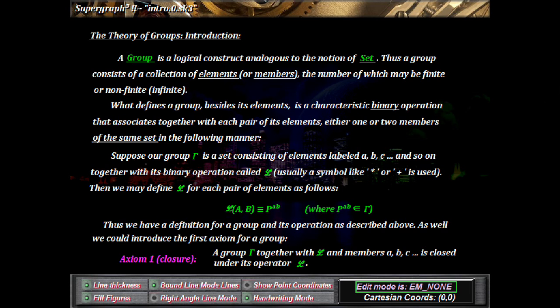That's as vague as your mindset should be. We're not talking about any specific type of thing. It doesn't have to be quantities. It doesn't have to be numbers. Just anything.